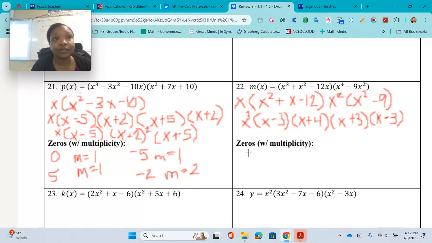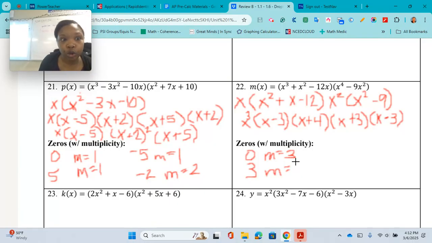We got zeros at 0 with the multiplicity of 3. What else do we have? Positive 3 with the multiplicity of 1. Oh, my fault.